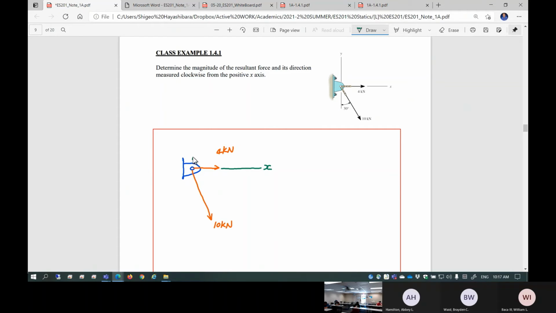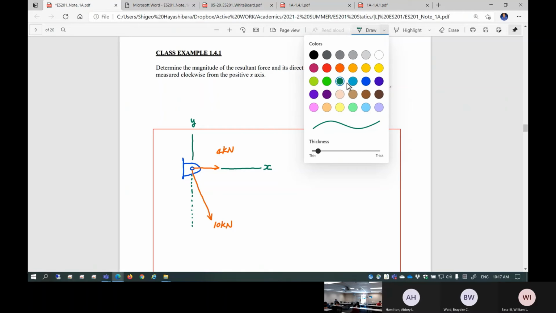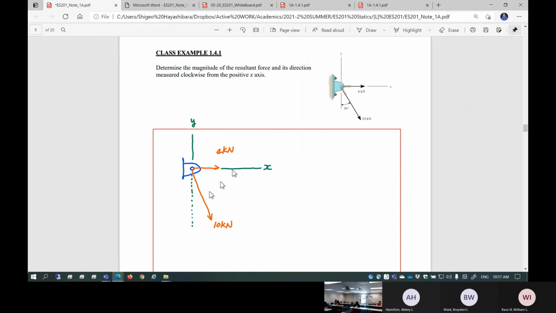And this is coordinate direction y. And then, of course, this is also negative y direction. Okay. And then one thing which is given here is a 30 degrees angle. So this is a 30 degrees angle.